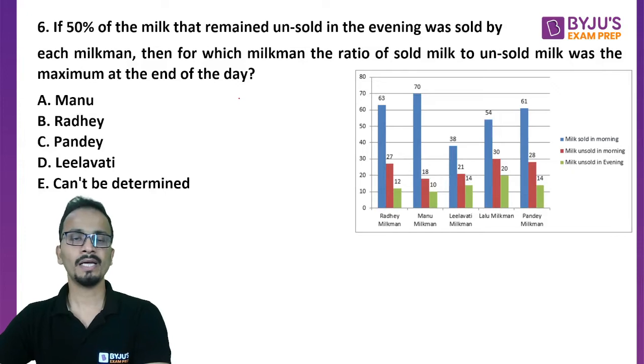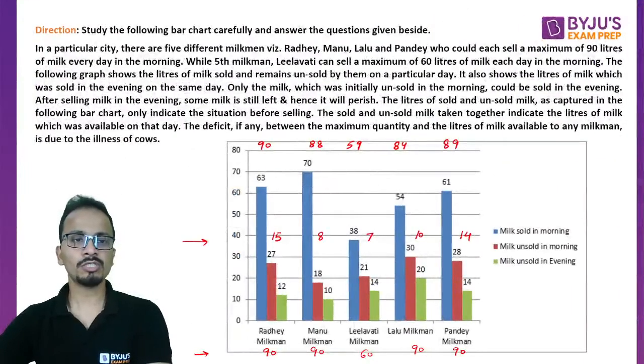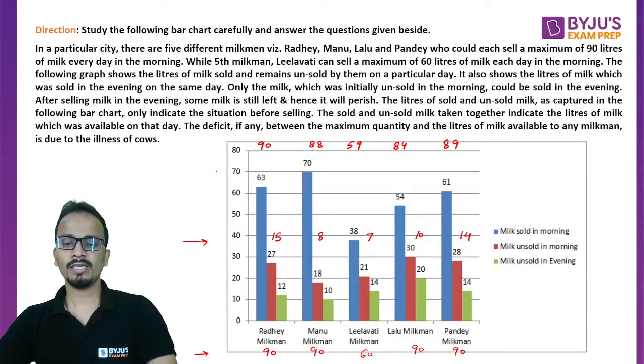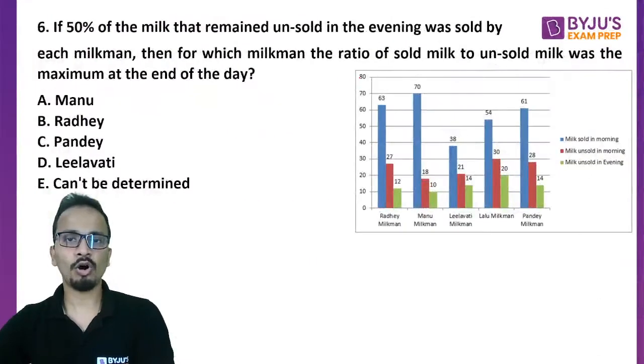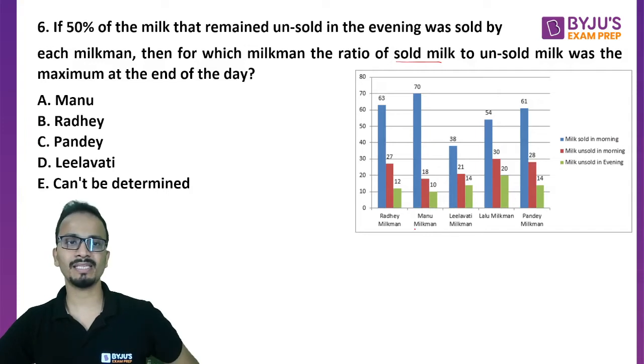Okay, now let's talk about each of these milkman separately. Okay, now we have to find the ratio of the sold milk to the unsold milk, right? So I'll write the unsold milk for each of these milkman separately.